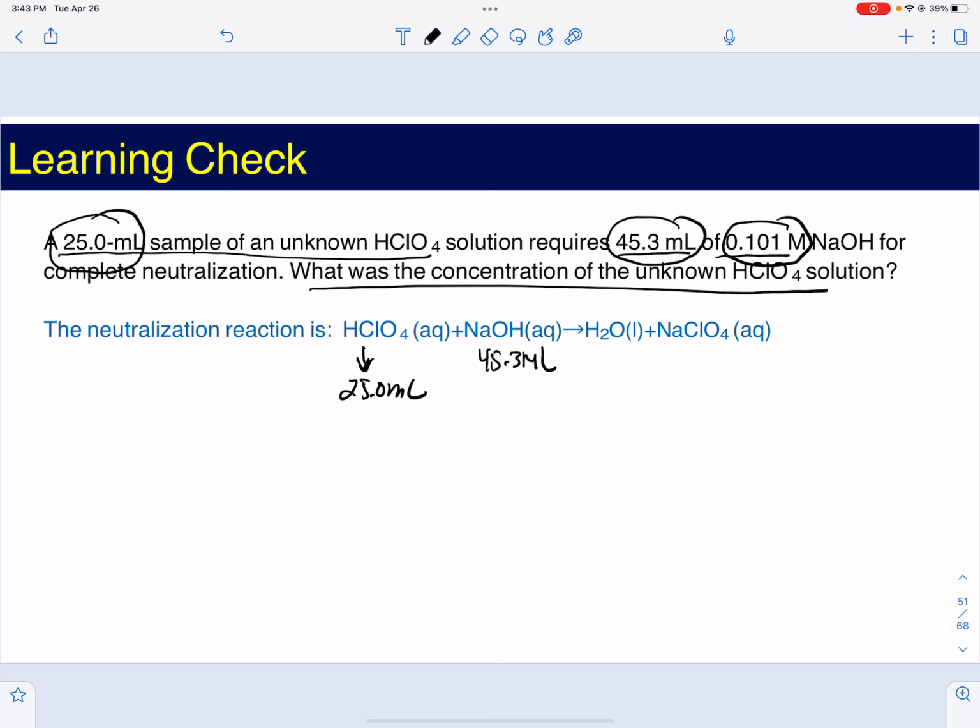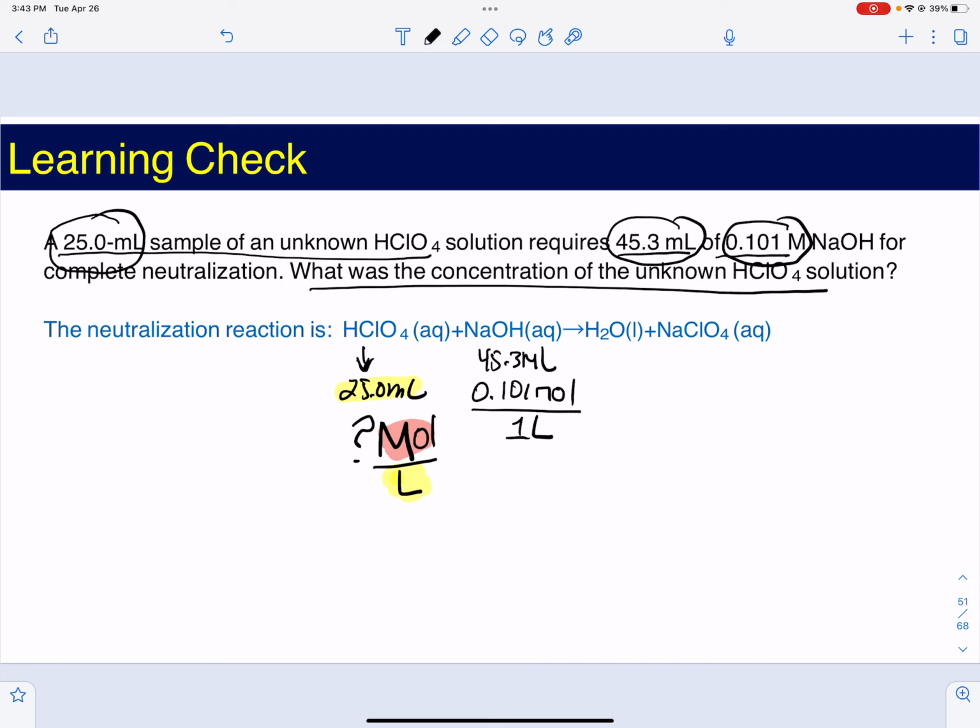The NaOH is 0.101, so this is 0.101 moles per 1 liter. And given that, I'm asked to find the concentration of the perchloric acid. And remember, concentration is moles over liters. I already have the volume, so what I'm looking for is the moles of perchloric acid.